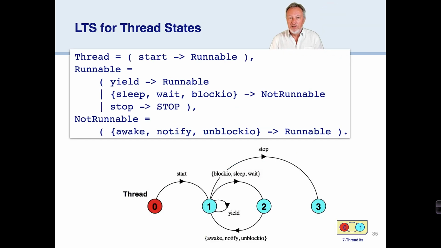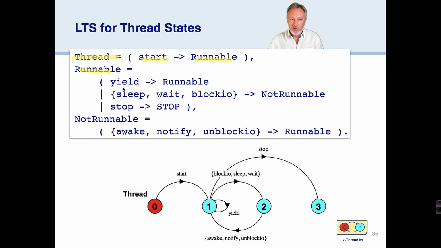We can model this very nicely with FSP. What's a thread? Notice this is one definition for thread, starting here and ending here with the period. And it consists of 3 parts. There's the thread part, which can start and become a runnable.